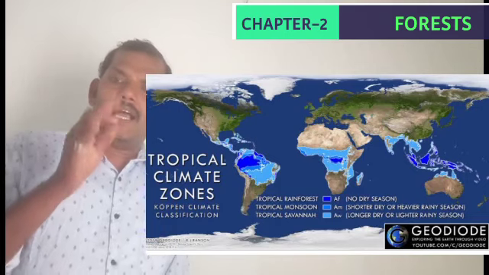Next, what are the characteristics of the equatorial region? This region receives very high temperature and high rainfall, because the sun rays fall directly on this region.